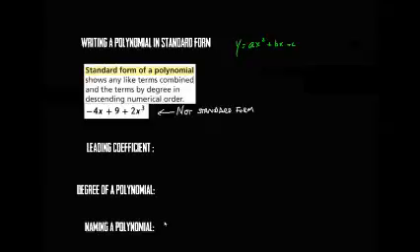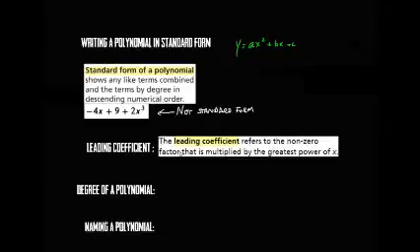You're going to hear me say that a lot. The leading coefficient refers to the non-zero factor that is multiplied by the greatest power of x. That's basically saying the coefficient with the highest exponent on the variable. So in this case, the leading coefficient is 2.